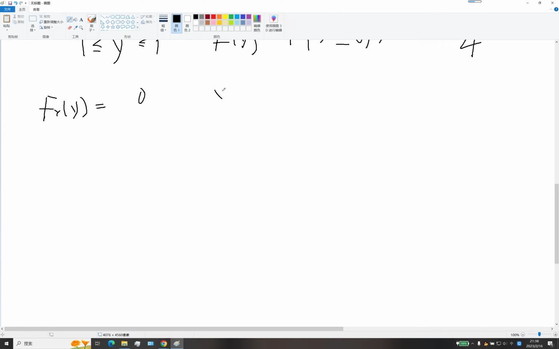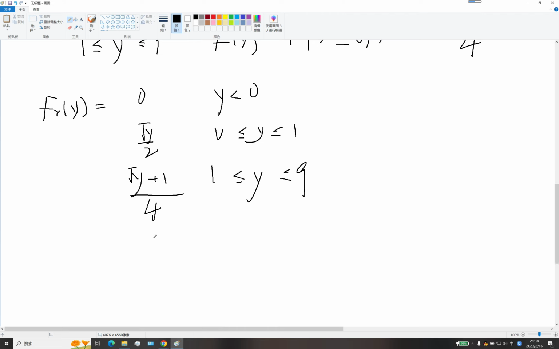It equals 0 when y is less than 0, and root of y over 2 when y is larger than 0 and smaller than 1, and the other piece for y between 1 and 9, and 1 when y is larger than 9. So this is the big F_Y. And we can easily draw it like this.